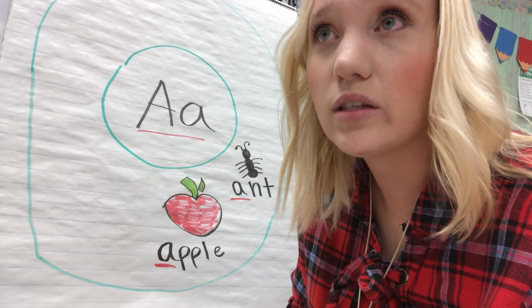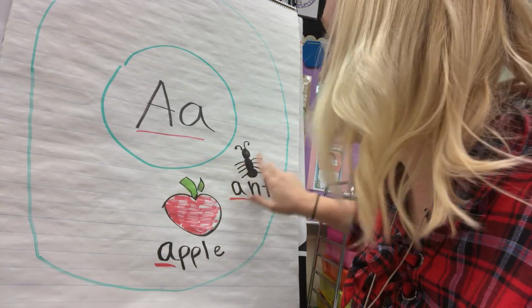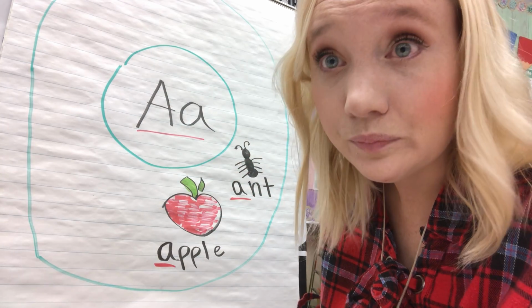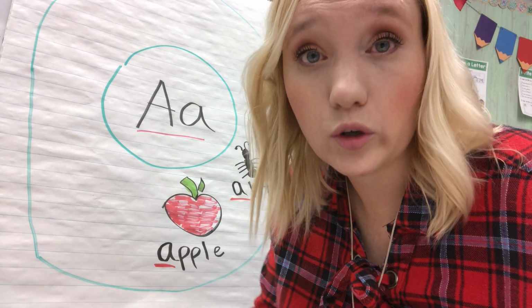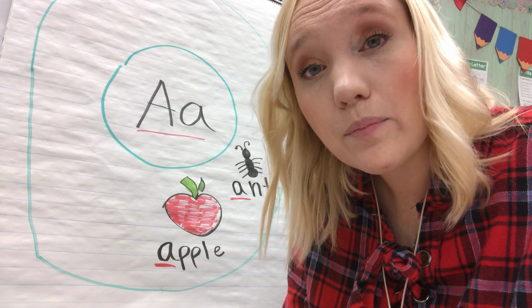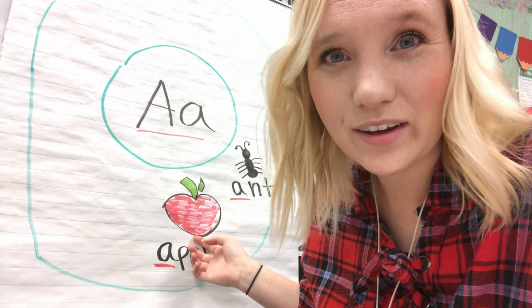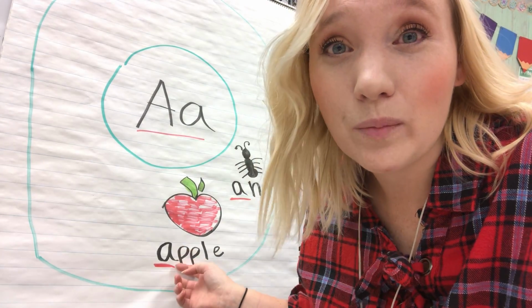So I want you to think of some words that say A, and we're going to add them and we're going to draw the pictures. In the meantime, your assignment is to try and do your own circle map. If you can do your own circle map before coming, then you're going to have some awesome words to share with us, okay? All right, I cannot wait to see what you come up with.